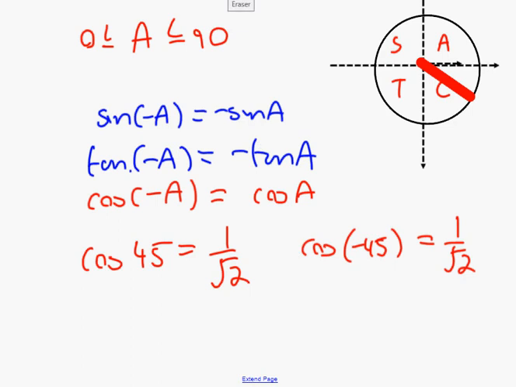Does that mean if you put sine minus 110, it would end up in the tan quadrant, and it'd still be negative? This is the best way to think of it: pick an angle and pick a function. Sine of minus 100. You go to minus 90, then minus 100.